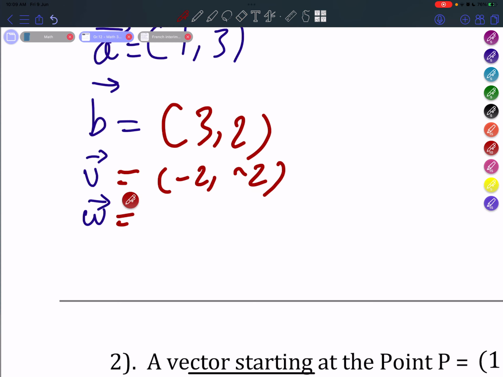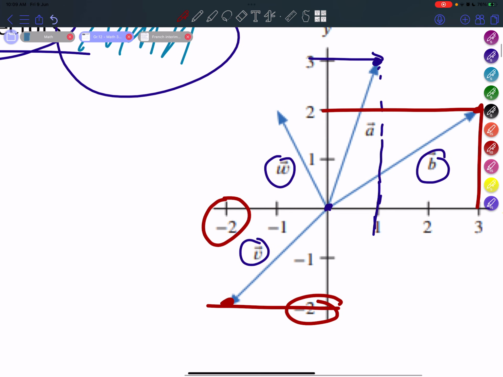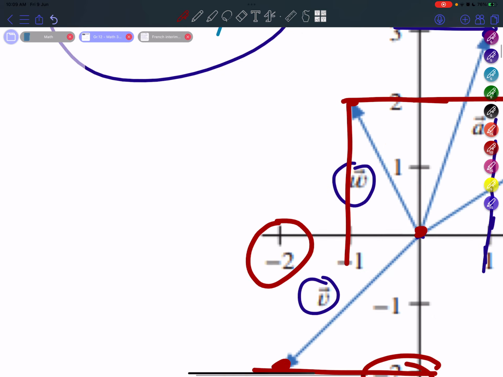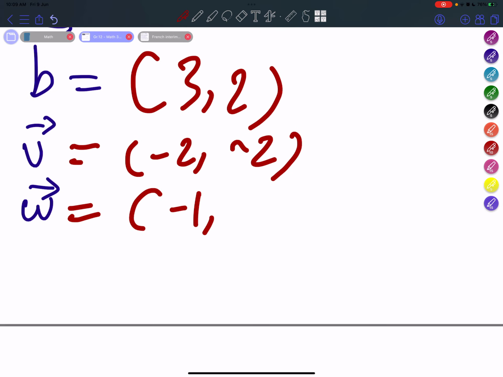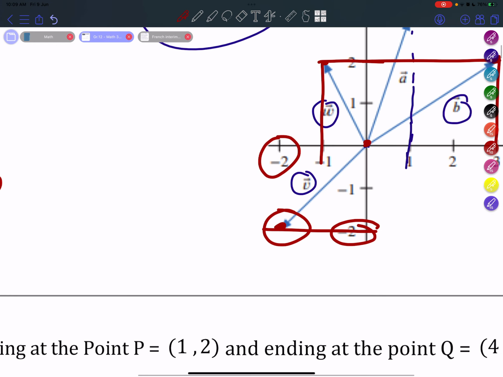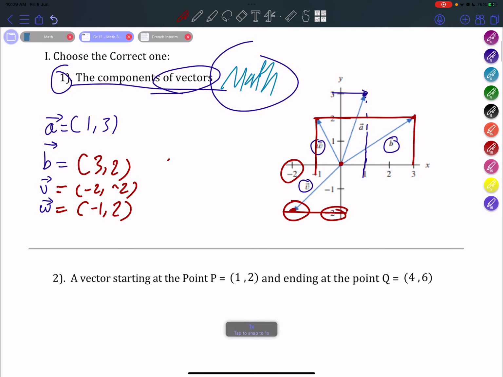Finally, for vector W, x will be negative 1 and y will be 2, so negative 1, 2. Basically, you can just get the ending point of each vector. And that's how we solve question 1.